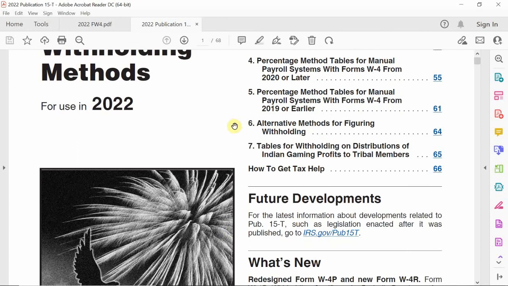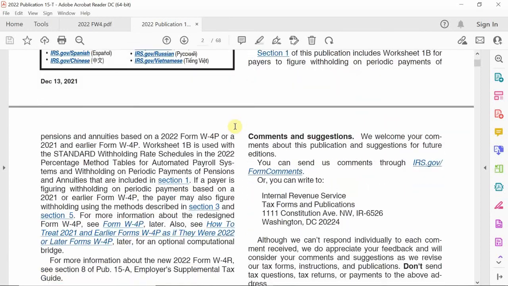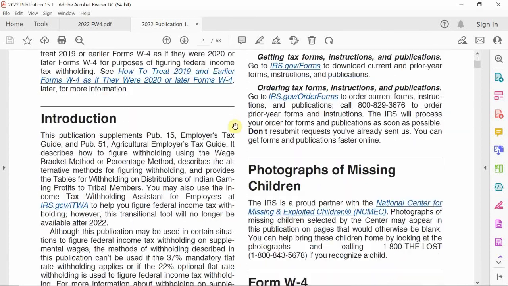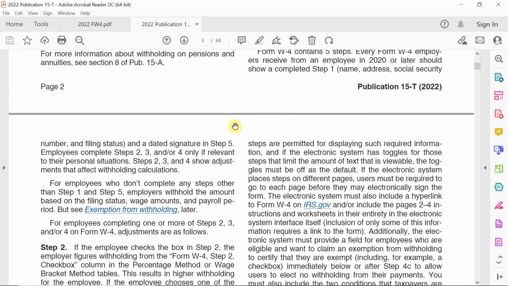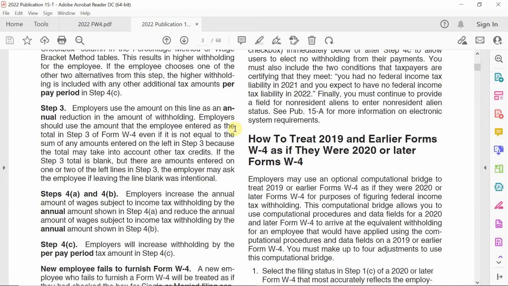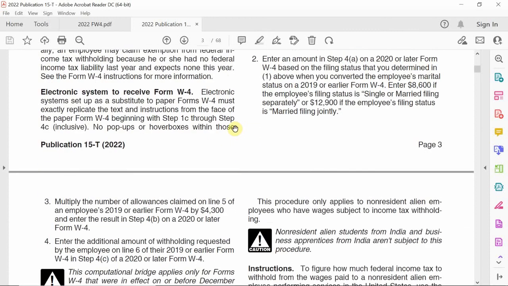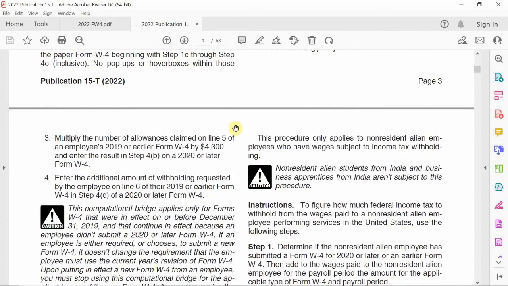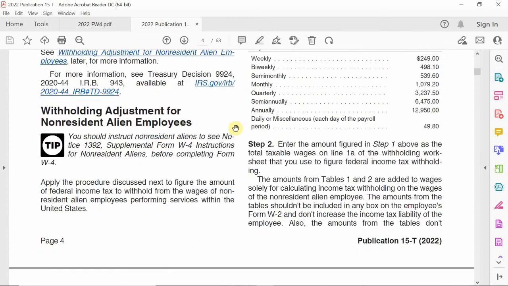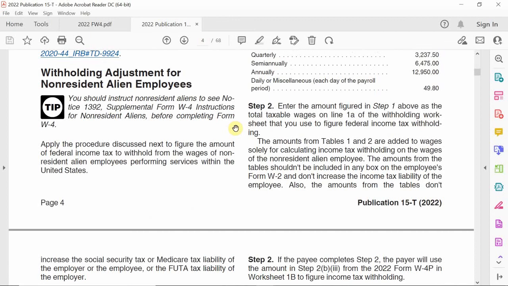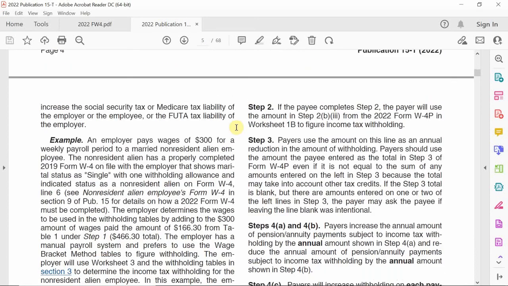So this is the most recent one. I've already uploaded it on there. If you actually look at the different sections here, there are so many different ways that you can calculate your taxes. So it's very important that you don't go through this, because I will provide the tables for you, because some of them can be confusing.